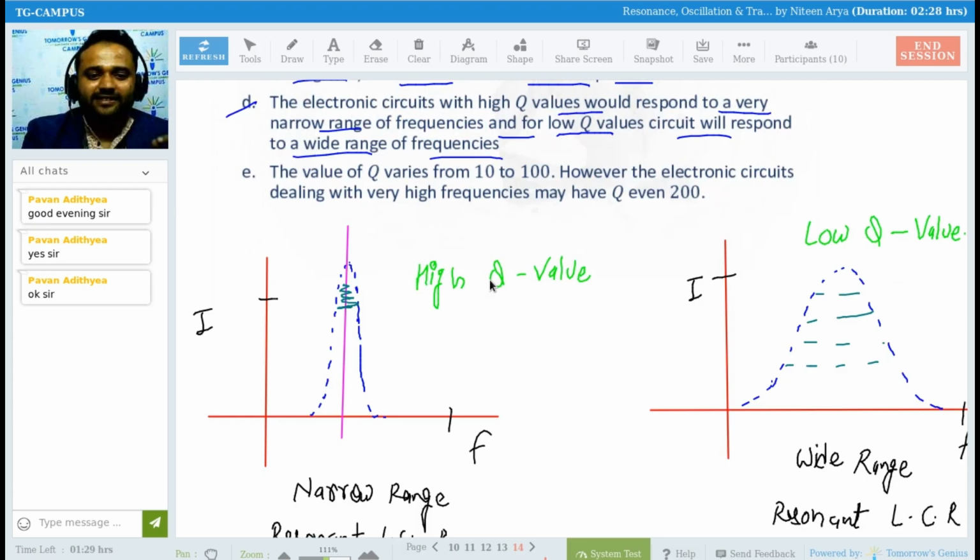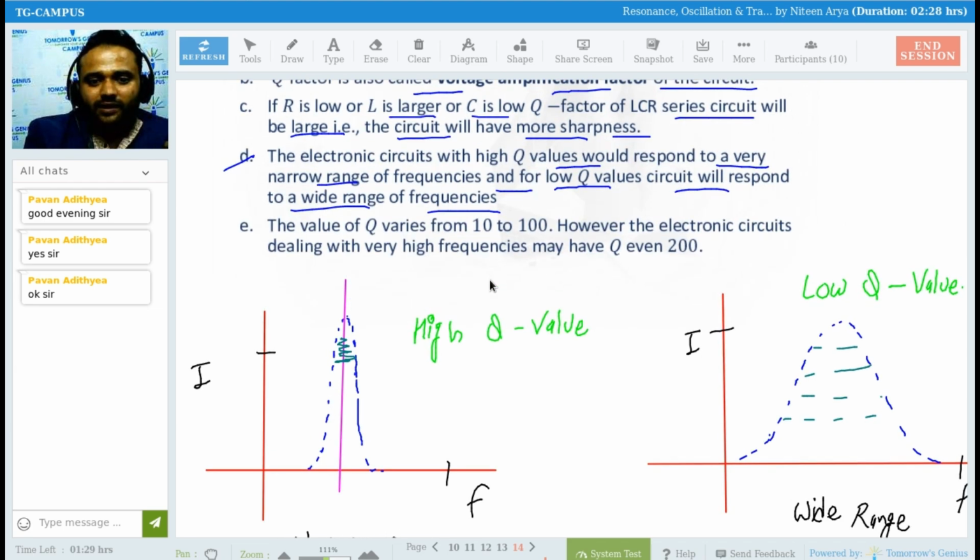So this is your wide range and this is your narrow range. Narrow range frequency has a high Q value, meaning quality factor, and responds to a very narrow range. This is only a range. For a low Q value, your frequency range is going to be high enough. So it is used as a frequency selector, a particular current selector or a particular voltage selector.